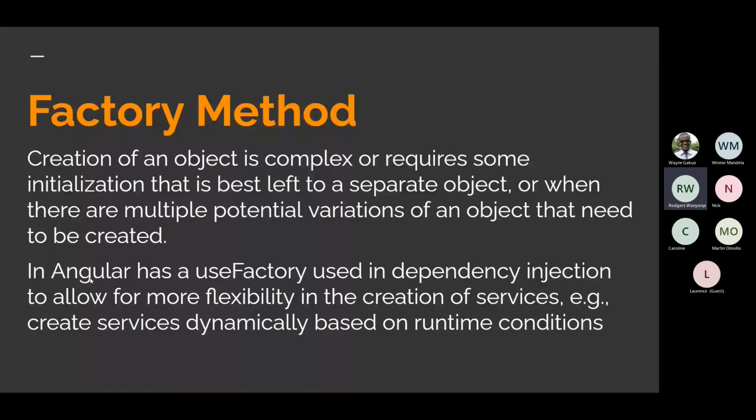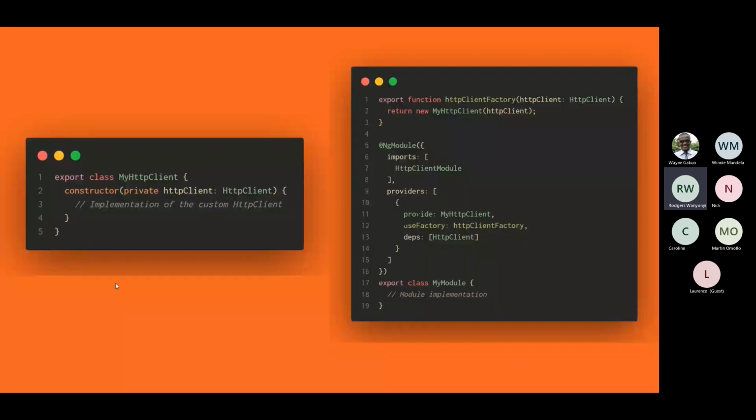Just as an example, let's say we have this class called MyClient, and in its constructor it has some dependencies, in this case the HttpClient. If you want to create an instance of this particular class in Angular, we can use this providers property in the NgModule. With this providers property, we can say we need to provide an instance of this particular class.